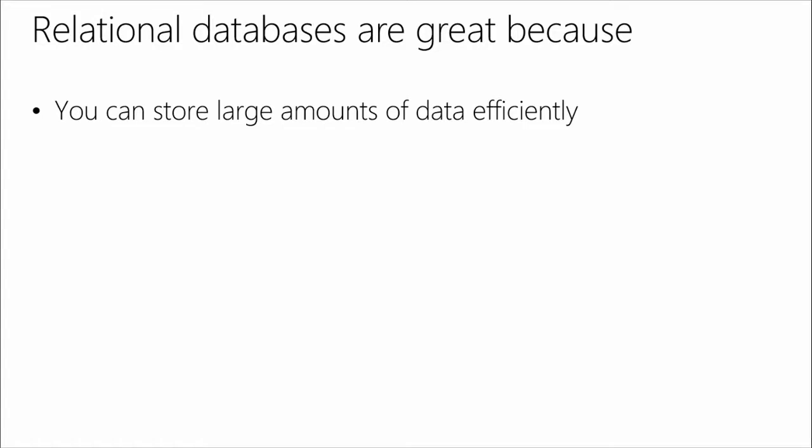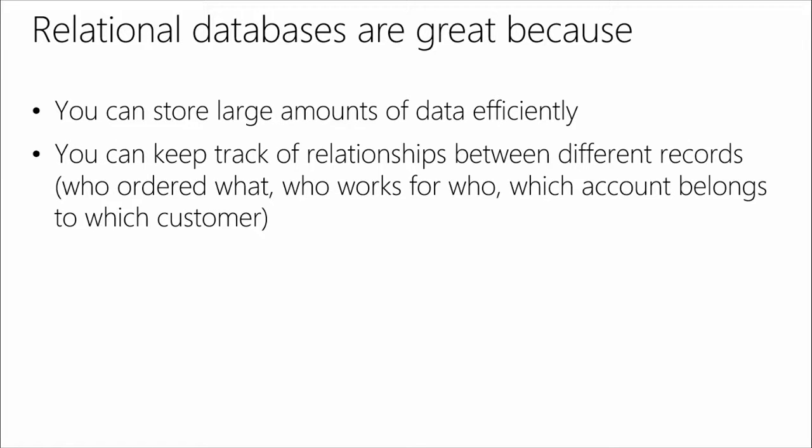What's great about relational databases, you can store very, very large amounts of data very efficiently. That's what they're good at. They're good for storing large amounts of data and letting us query it in a very efficient manner. You can also keep track of the relationships between all of the different records. Who ordered what? Who works for who? Which account belongs to which customer? That's what relational databases are really good at.